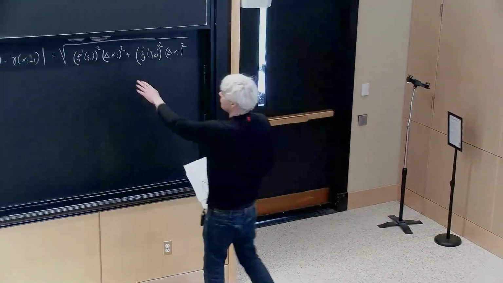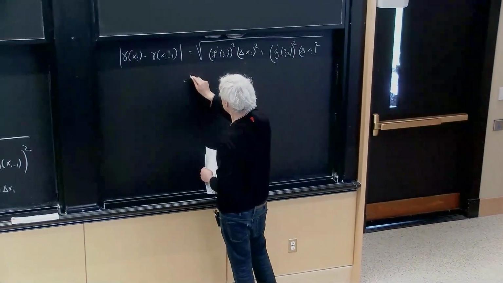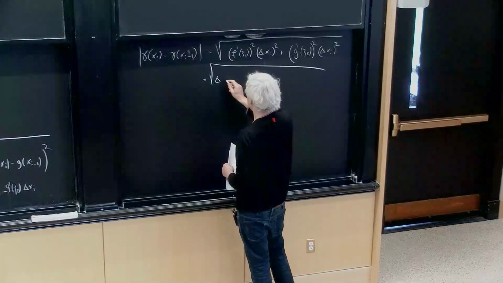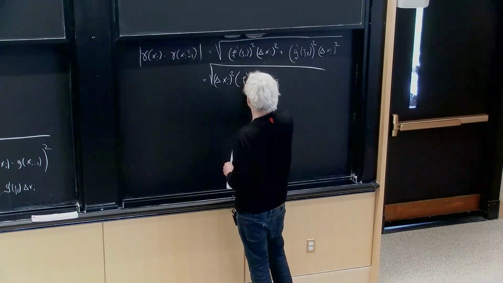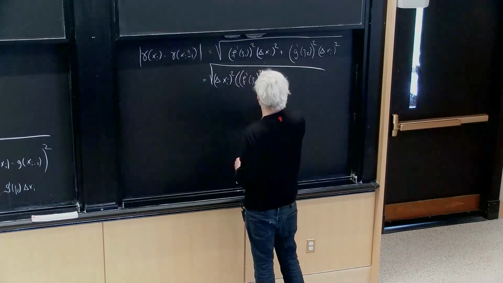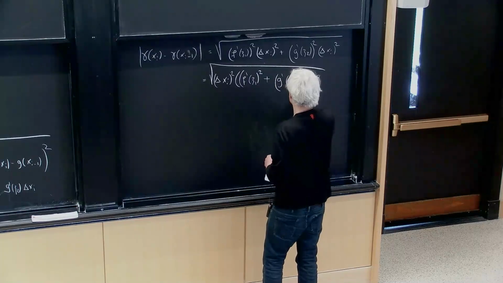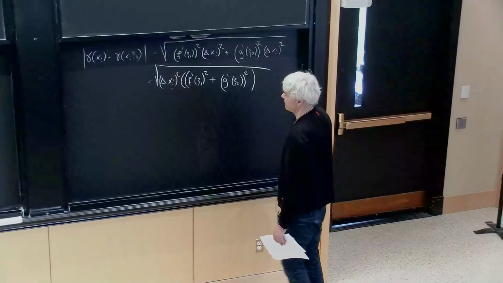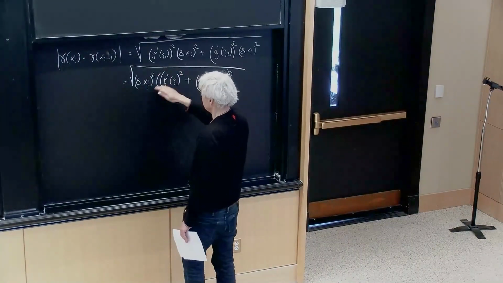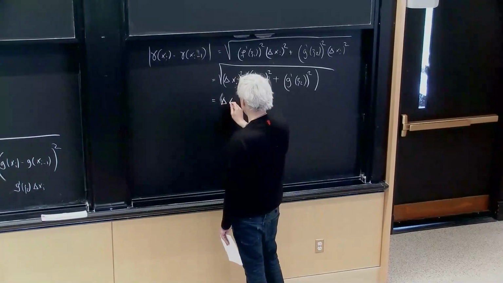But now you can factor this out, so you can write this as the square root of delta x_i squared, and then f prime at this intermediate point squared plus g prime at this intermediate point squared, right? You factor out both of them. And so now when you take the square root, delta x_i goes out, as it is anyway positive.